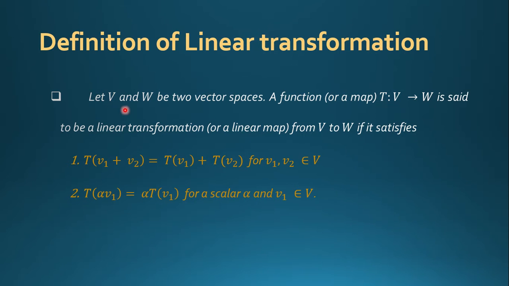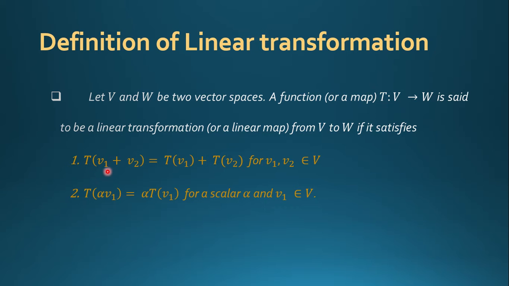Now, definition of linear transformation. Let V and W be two vector spaces. A function or a map T from V to W is said to be a linear transformation or a linear map from V to W if it satisfies the following two properties.